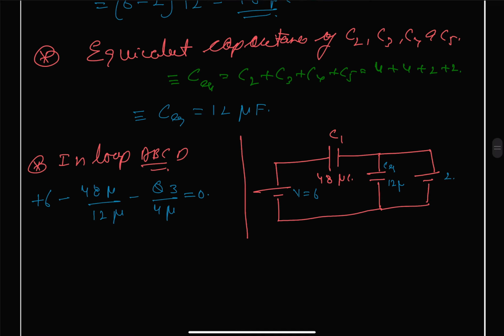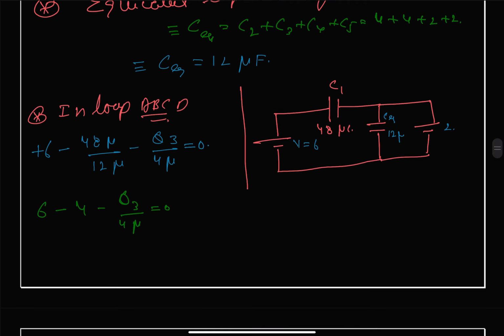Here we can say this will be coming as 6 minus 4 minus Q3 divided by 4 micro is equal to 0, and this comes as 2, and we get Q3 by 4 micro will be equal to 2, which gives that Q3 is equal to 8 microcoulomb.